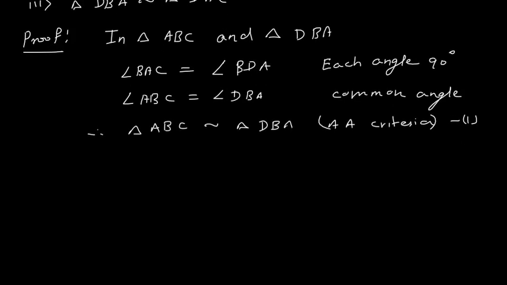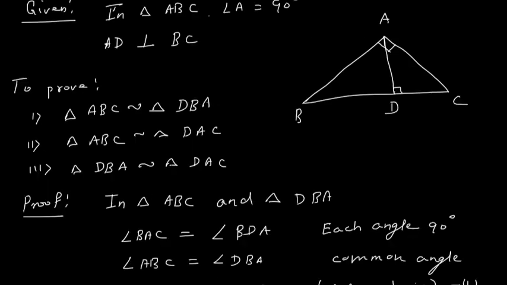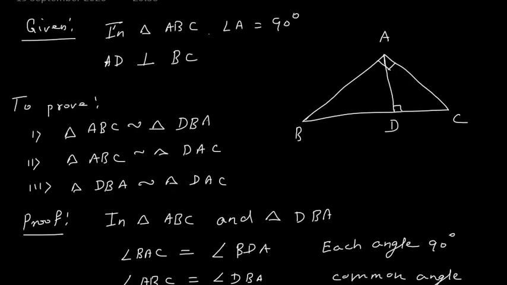Similarly, we can prove that this triangle ABC is similar to triangle DAC. While writing triangles, you can see that I am maintaining the correspondence of angle.